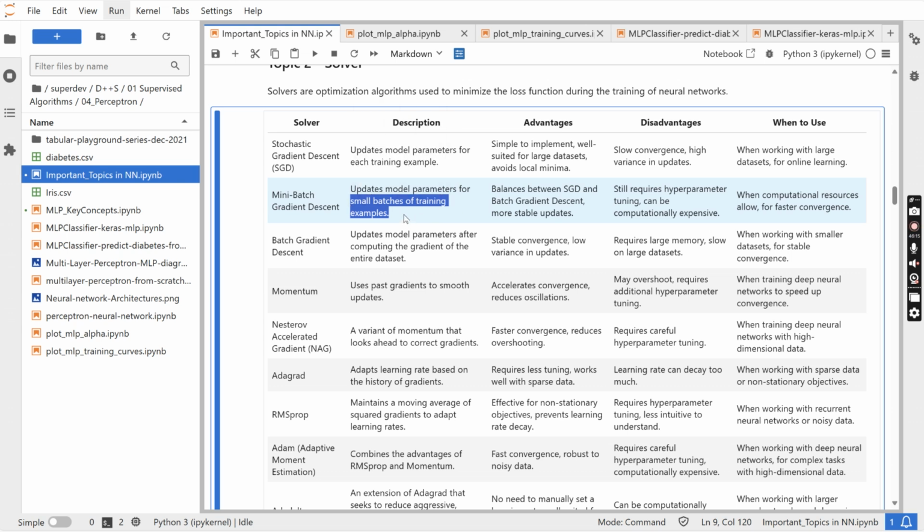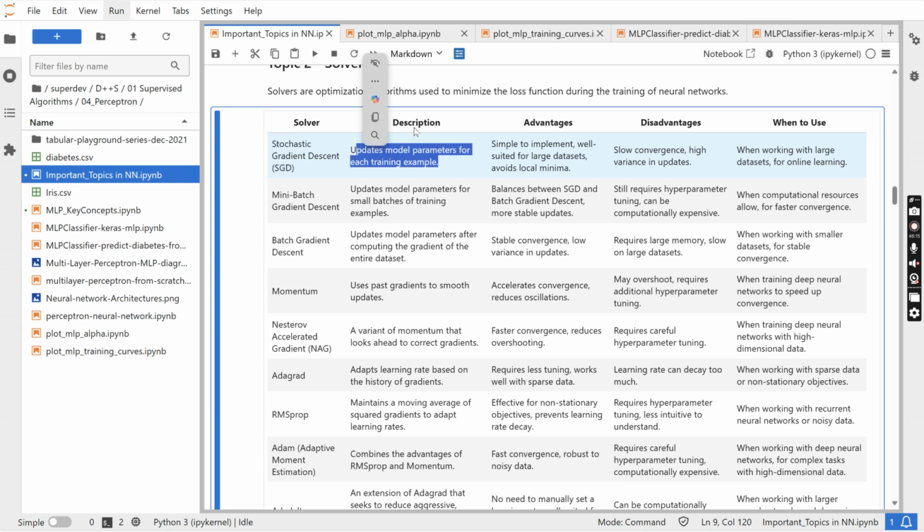That is the difference. Here it is updating the model parameters for each training row. Here it is updating the parameters for small batches. So basically it takes a small batch of rows of data, calculates gradient descent, and likewise then picks the next batch. Whereas stochastic gradient descent takes one row at a time.